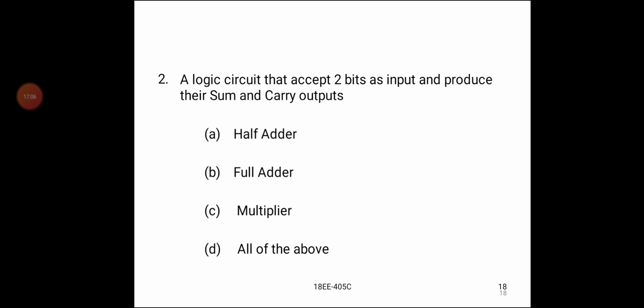Our answer is A. Half adder is the correct answer. So a half adder receives 2 inputs A and B, which generate 2 outputs, sum and carry, and its function is addition of two 1-bit numbers.